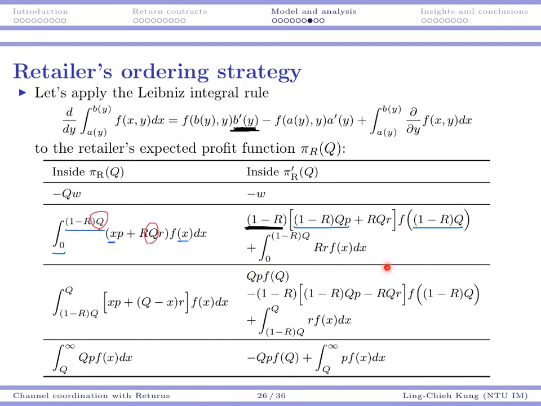For the last term, I will keep the original lower bound and upper bound, and then differentiate the integrand by capital Q. So I only leave this term there, r and f of x. This is how I get the differentiation of the second term.